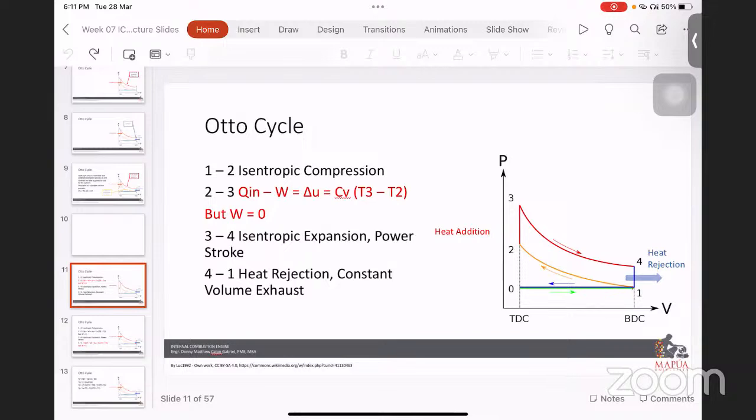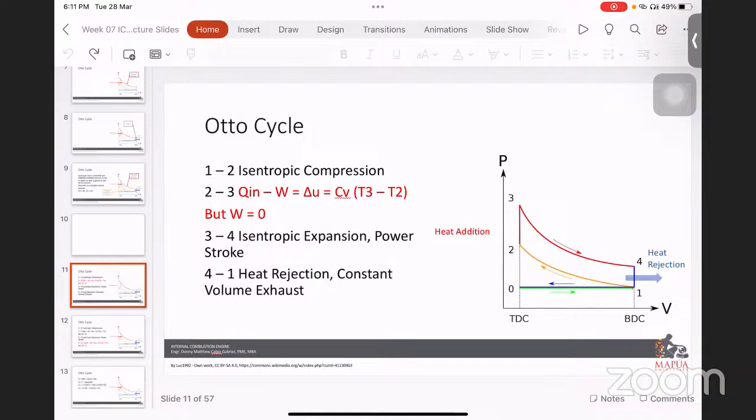So, the amount of heat, Q, heat addition natin, Q in is equal to Cv times (T3 minus T2). Yung temperature at point 3 minus the temperature at point 2 times its specific heat, the specific heat of the air and fuel mixture. Specific heat times yung difference in temperature is equal to the heat intake or heat introduction.